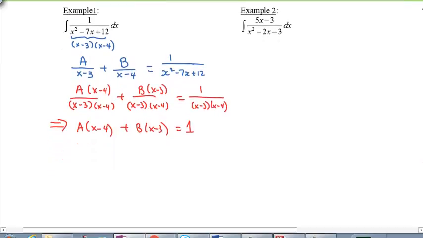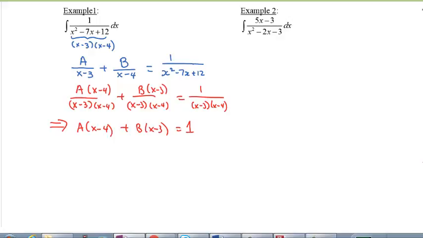How can you do this? Well, there are a few ways. You can go ahead and multiply this out and equate all the coefficients of the terms. Or there's a quicker and probably more efficient way. This is an equation. So for an equation to be an equation, the left side must equal the right side for whatever values of x you choose.